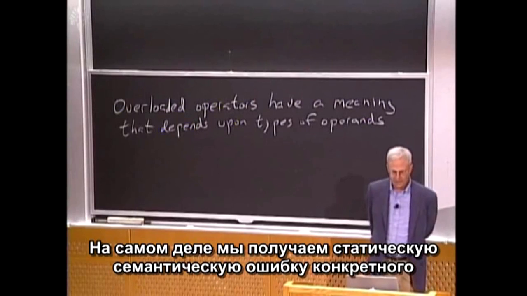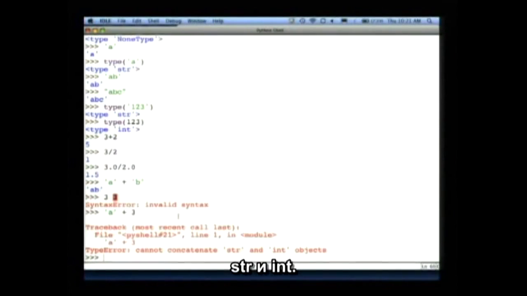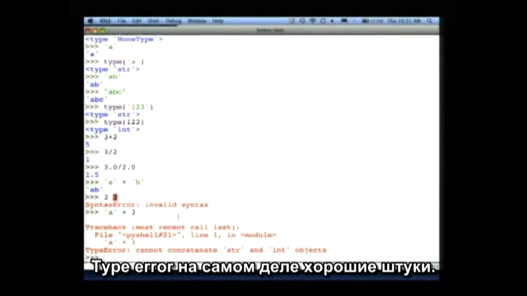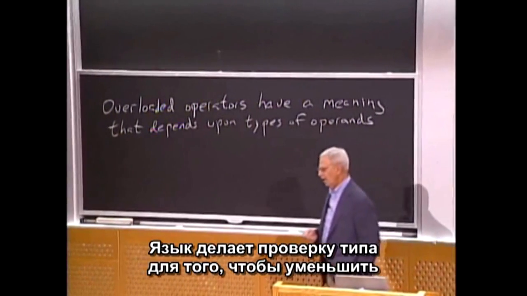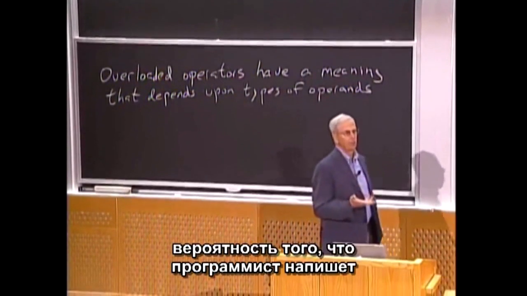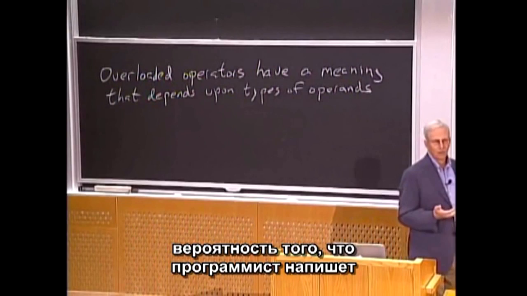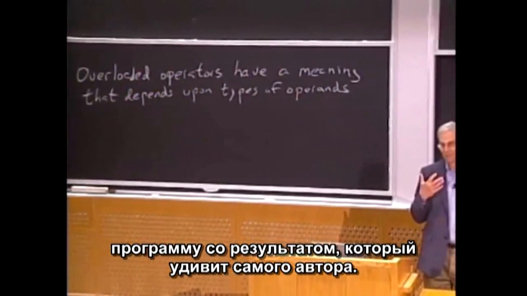Indeed, we get a static semantic error of a particular kind called a type error, saying you cannot concatenate a str and an int. Type errors are actually good things. The language does type checking in order to reduce the probability that a programmer will write a program with a meaning that will surprise its author.